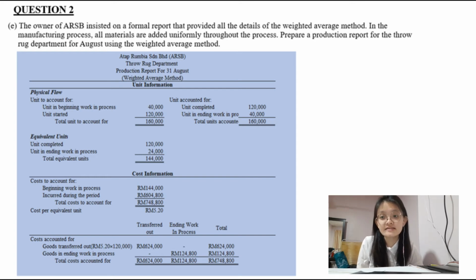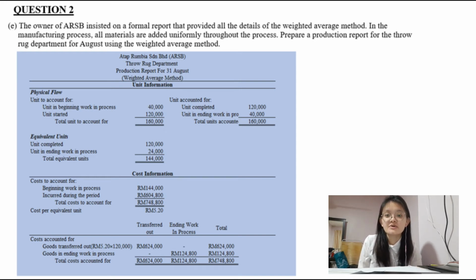The goods in ending work in process will be 24,000 units multiply the 5 ringgit and 20 cents. After multiply it, the amount will be equal to 124,800 ringgits. And the total will be same.